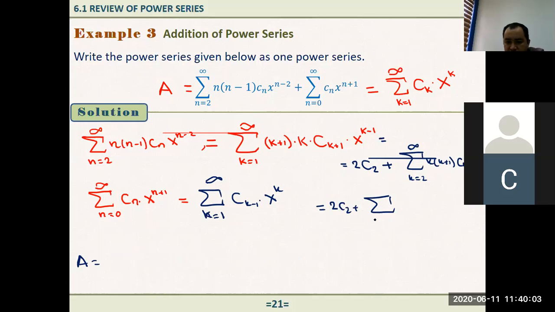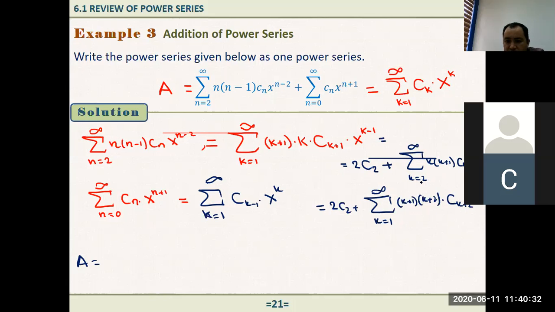If k starts with 1, I should just add 1 to this. So here we have k plus 1, k plus 2. If it is 1, we have 2 times 3. If it is 2, it is the same thing. When k equals 1, it should be 3, so here we have c sub k plus 2.